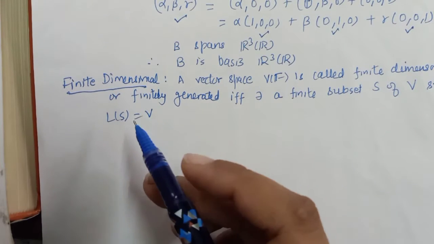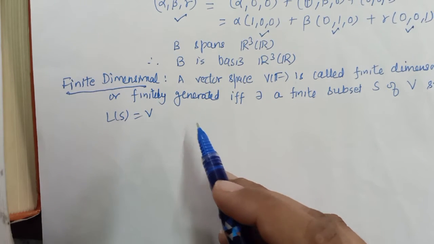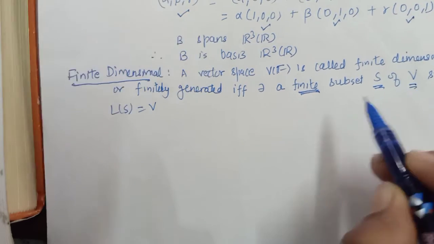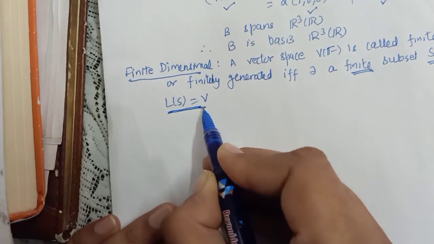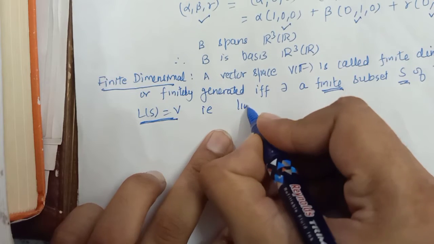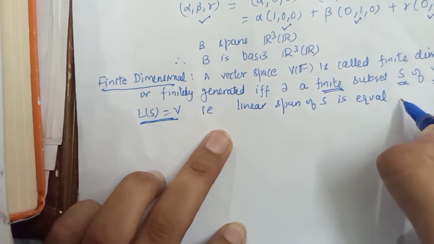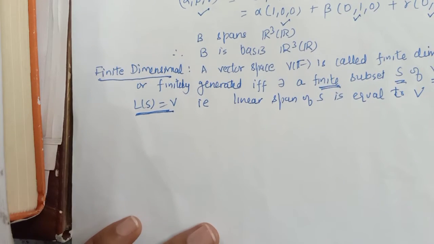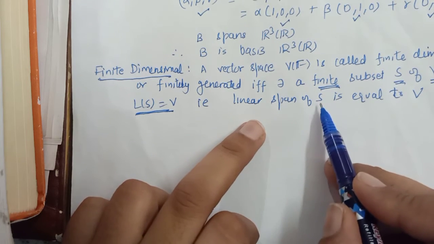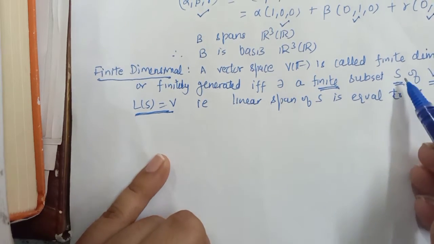A vector space V over F is called finite dimensional or finitely generated if and only if there exists a finite subset S of V such that V is the linear span of that set, that is, linear span of S is equal to V. If you recall what was the linear span of S, as we defined in the earlier video, the linear span of S was all the elements which are linear combinations of elements of set S.